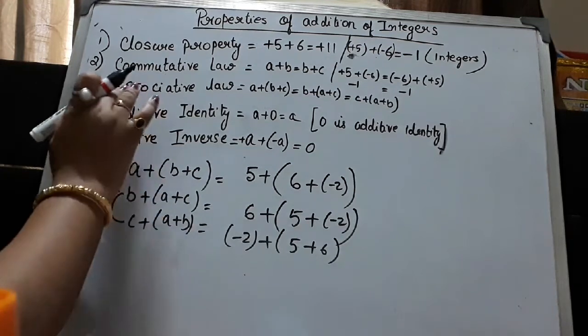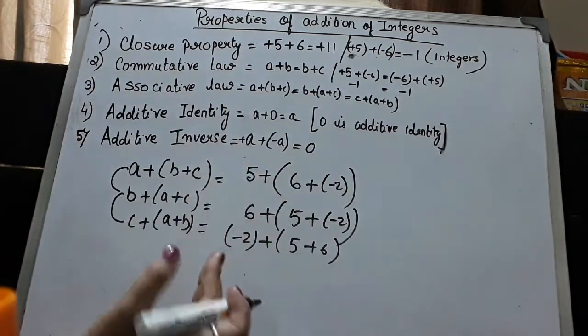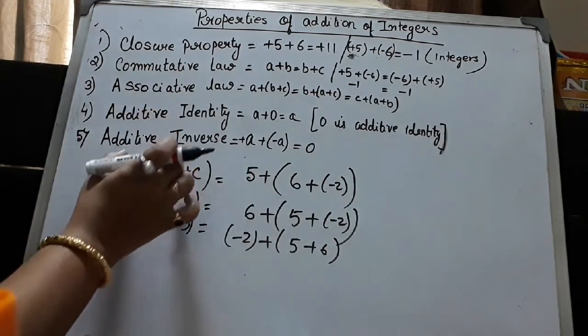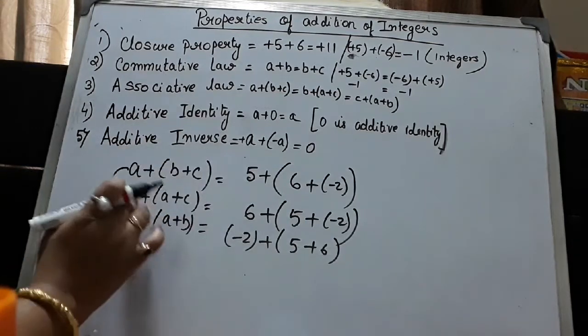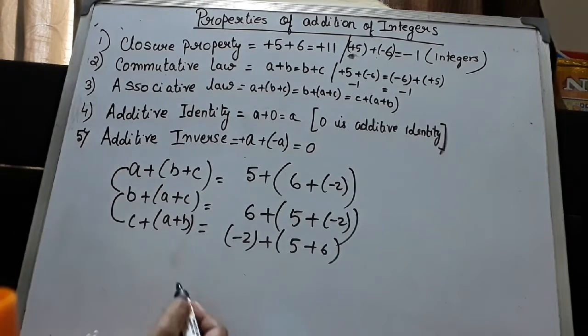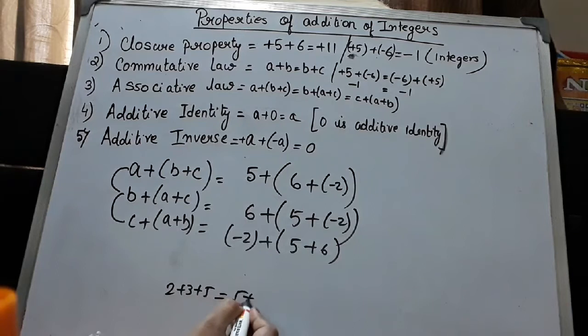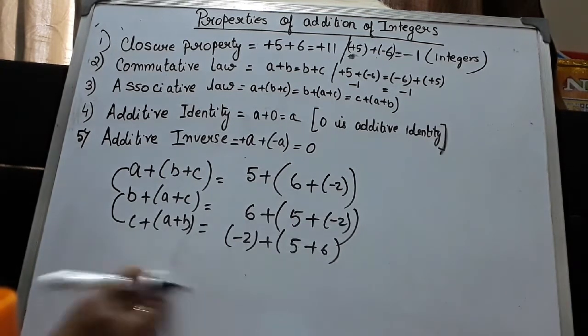That means they are associating with each other: A is associating with B, same with C. Suppose in normal addition, 2 plus 3 plus 5 is the same as 5 plus 3 plus 2. Will there be any change? No, there won't be any change.